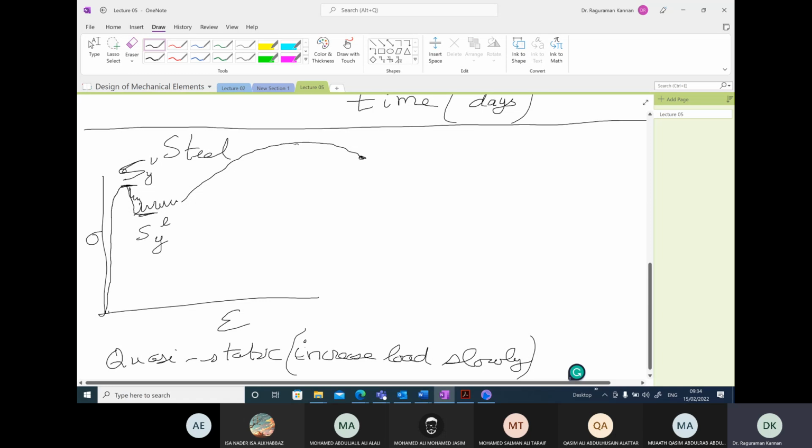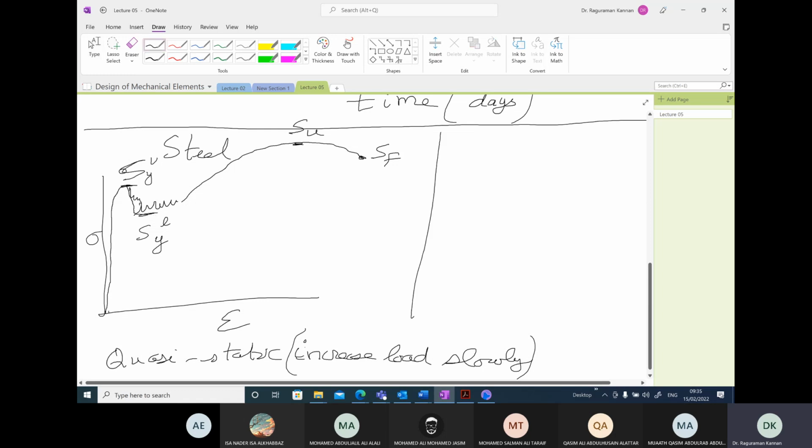Then we have the ultimate strength, then the fracture strength. This is for steel. In the case of steel, it was easy to identify the upper yield point and lower yield point. Just from looking at the graph, I can get the highest point here, lowest point here, and from the force diagram, immediately calculate these values.